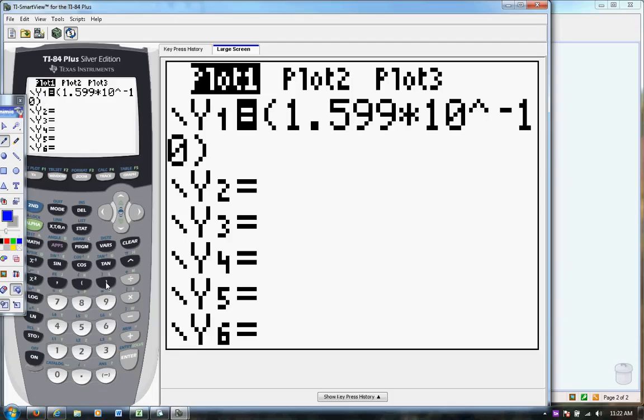It's 10 to the, it's 10 power. Times, and then what is my base? 1 point what? 1.014 caret x. Okay, and then we can hit graph.